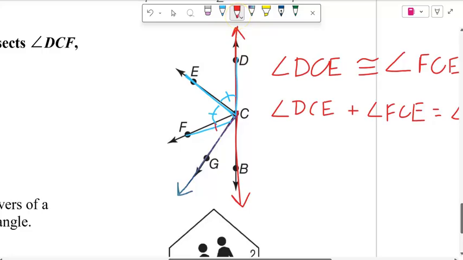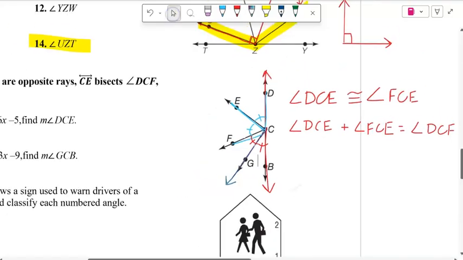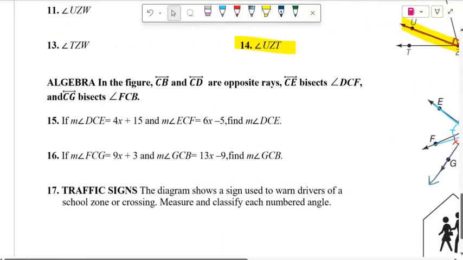So now I'm looking at FCG and BCG being congruent to each other as well. Does that make sense to you guys? The idea of bisecting? So now we use that information to put some variables into the problem and do some algebra here.